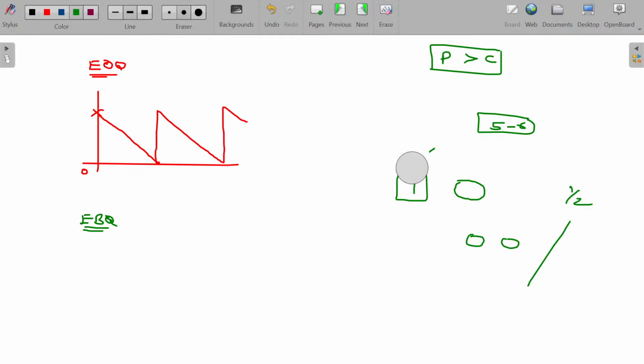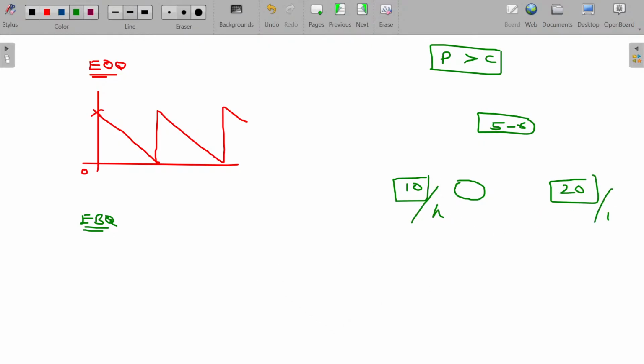Otherwise, you can assume this way. Your mom prepares 10 dosas per hour, and consumption is 20 dosas per hour. Okay, just for an example. So these 20 dosas are consumed by a team of 5 or 6.